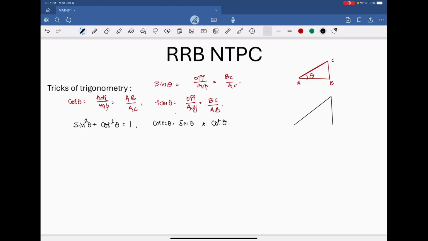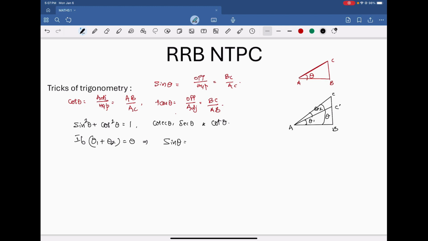And let's go for another triangle ABC, in which we divide the angle theta into two parts, one as theta 1 and another as theta 2, and the vertices as A, B, C, and we will put for theta 1 the intercept as C dash. That means theta we have divided into two parts, theta 1 and theta 2. BC we have divided into two parts, BC dash and CC dash.